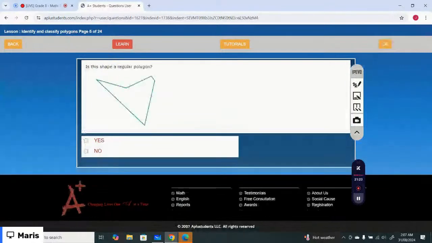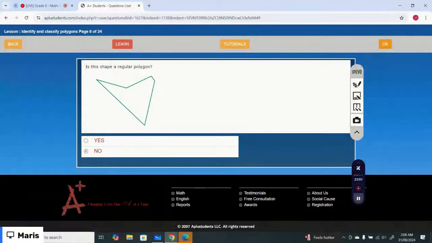Is this shape a regular polygon? The correct option is no, this isn't a regular polygon, right? That is a closed shape with straight lines, but this is not a regular polygon.